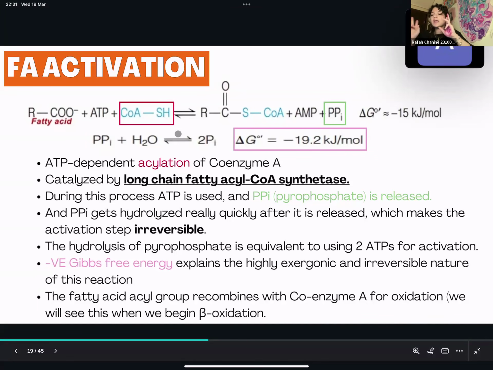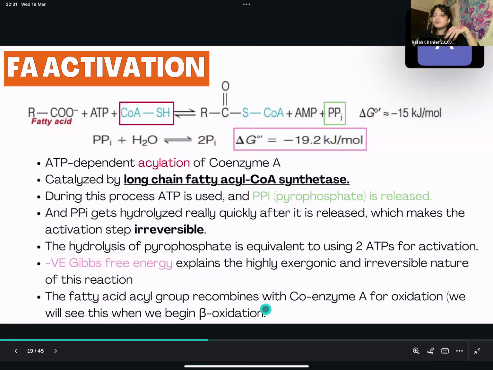So it is considered to be irreversible. Now this entire reaction is catalyzed by this very, very important enzyme that you need to know called LCAS, or long-chain fatty acyl-CoA synthetase. You need to know this entire name, but it's called LCAS, okay? So that's essentially what happens with fatty acid activation.